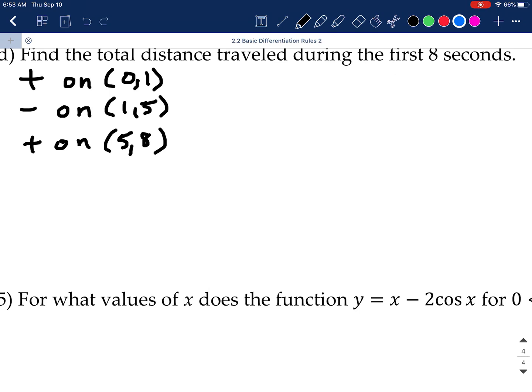So what that means is from 0 to 1, we're moving to the right. But from 1 to 5, we're moving to the left. And then from 5 to 8, we're moving to the right.